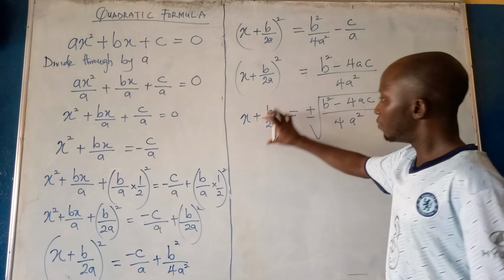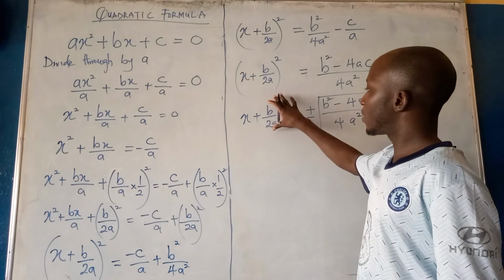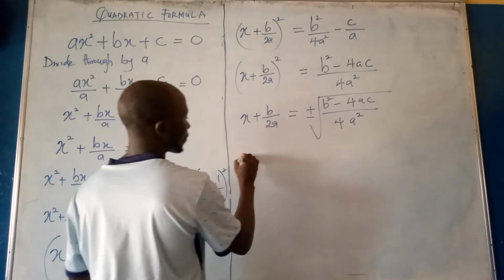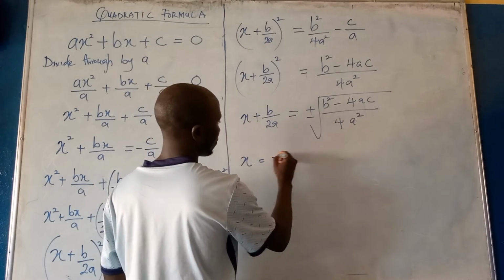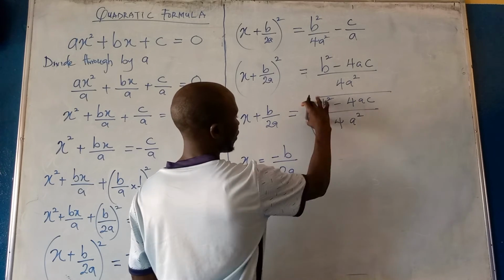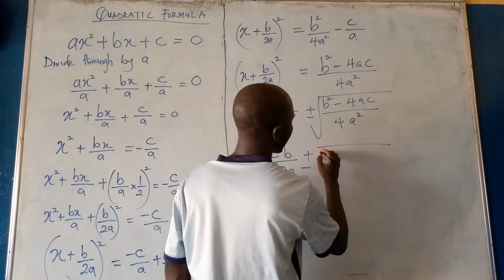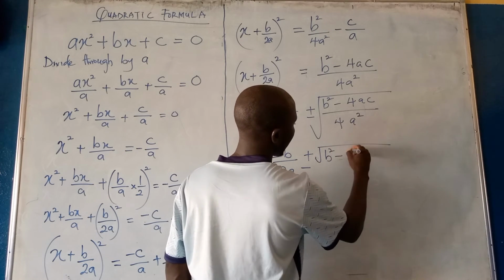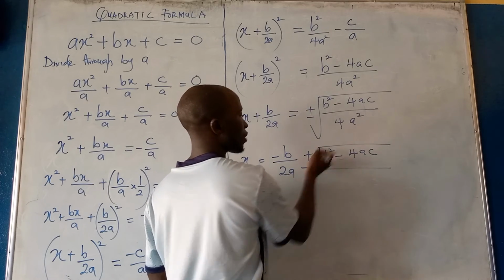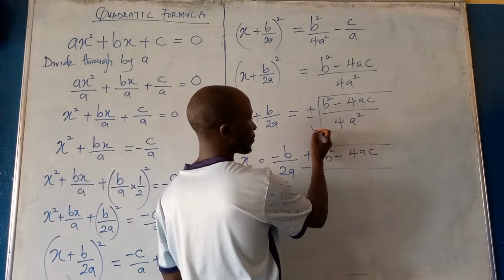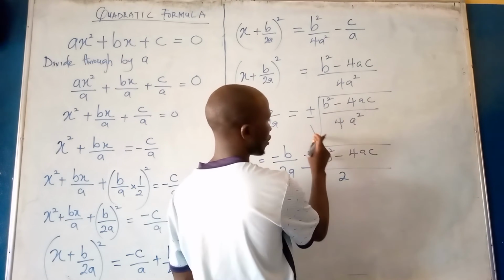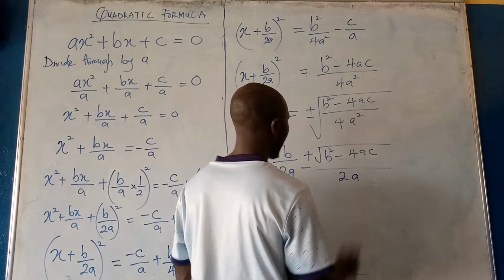Now, making x the subject of the formula, b over 2a will move to this side. In that process, we're going to have x equals minus b over 2a, and then plus or minus the square root of b squared minus 4ac divided by, you can see the square root is not affecting this denominator, because the square root of 4 is 2 and the square root of a squared is definitely a.